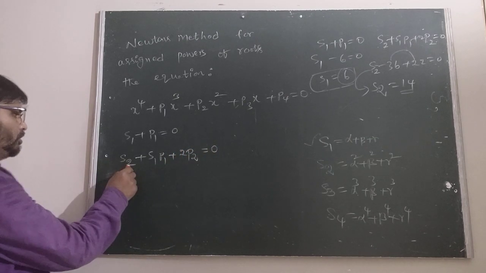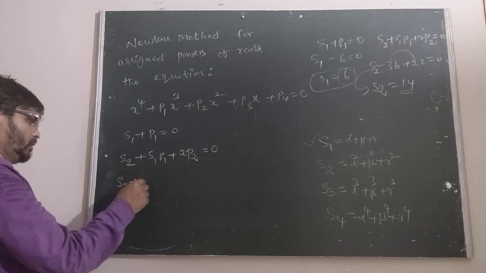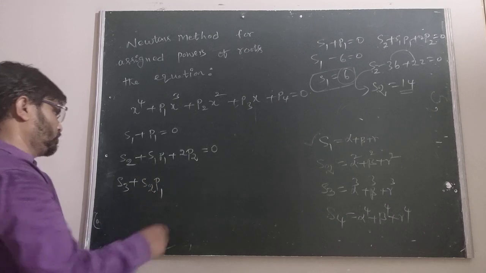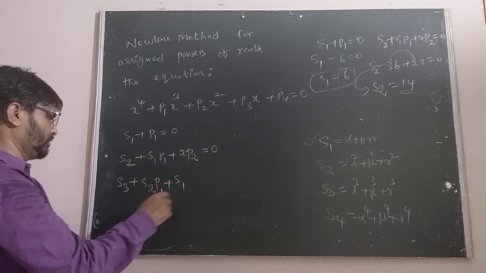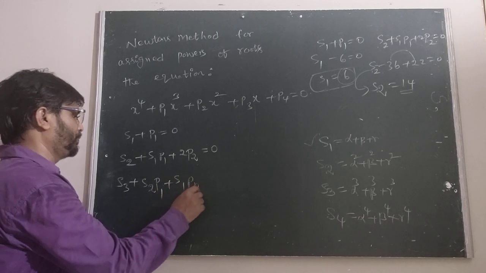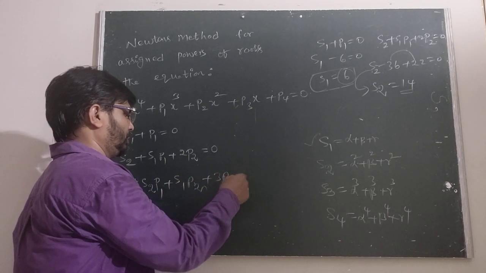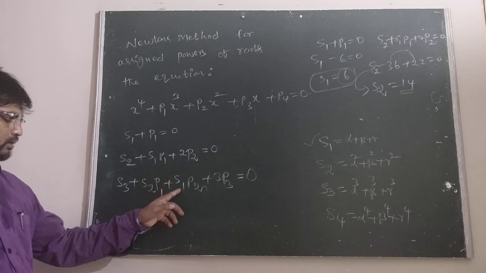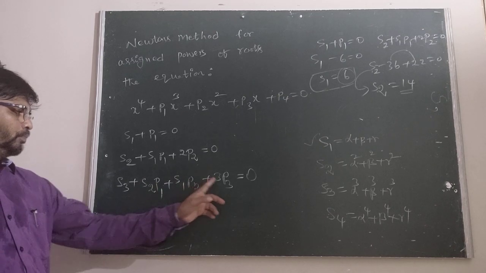So first S2, after that S1, 2P2. Now you can write S3, after that S2 P1, then S1 P2, then 3P3 equal to 0. So first S3, next S2, next S1. The last term does not contain this. Now this is P1, P2, P3.